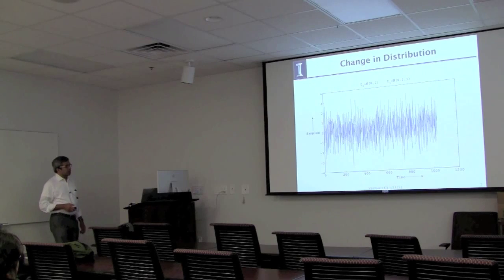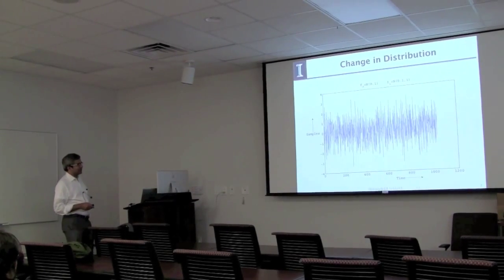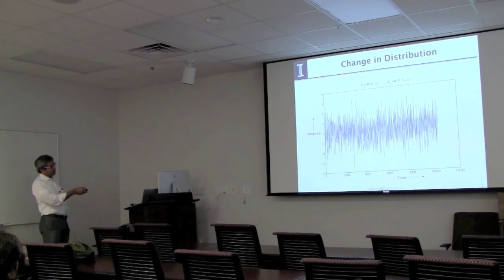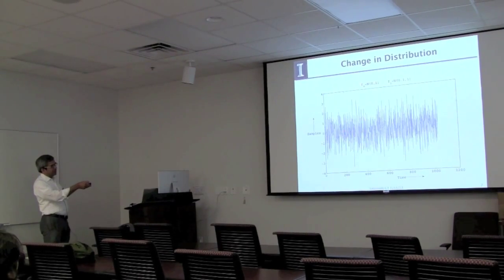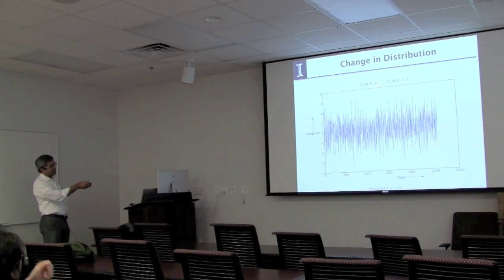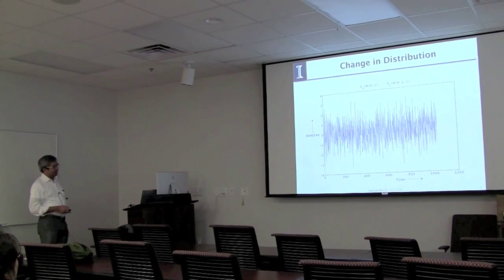Here's a simulation that might illustrate what quickest change detection is all about. Here's a sequence of samples. At some point, the sequence goes from being Gaussian with zero mean and variance 1 to Gaussian with variance 1 and a slight increase in mean to 0.1.